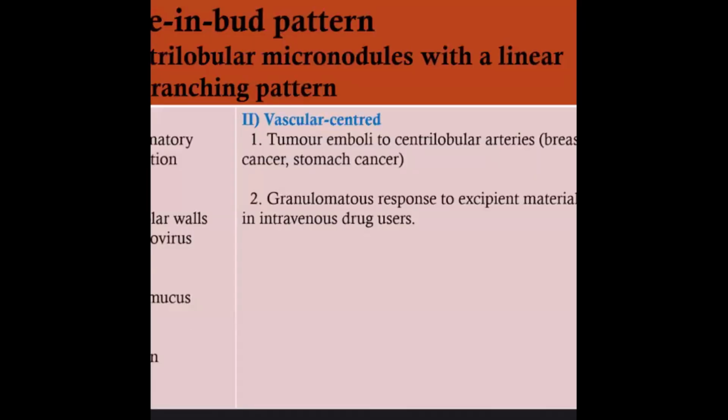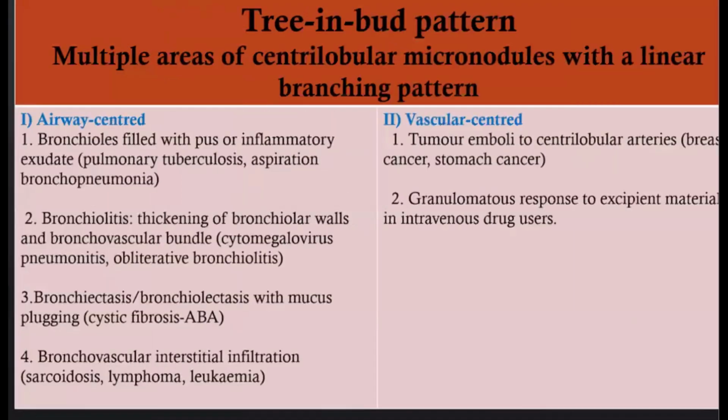As you see here, this is the differential diagnosis of the tree-in-bud infiltrates. Tree-in-bud infiltrates are considered centrilobular nodules or micronodules with a linear branching pattern. We have airway causes and we have vascular causes. The airway causes: bronchiolitis filled with pus or inflammatory exudate, as you see in our case, also thickening of the bronchial wall, bronchiectasis if it is filled with mucus, and bronchovascular interstitial infiltration.